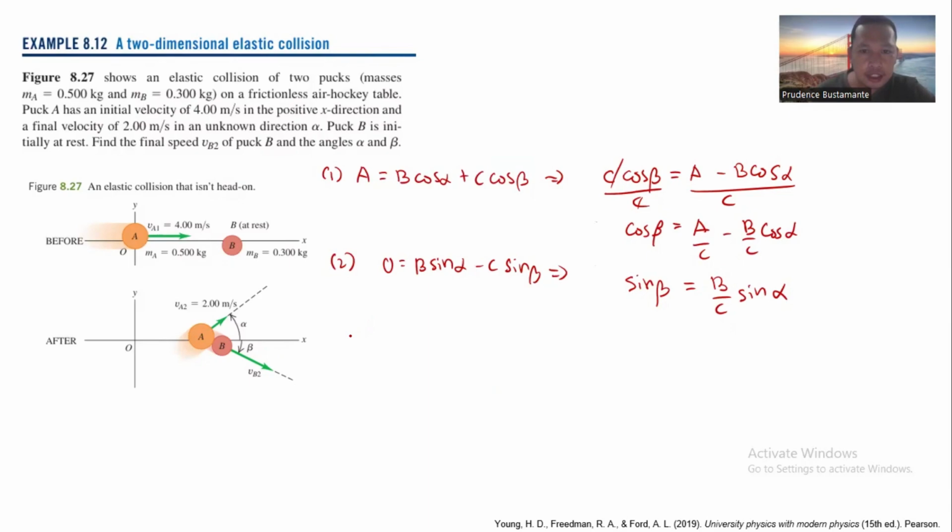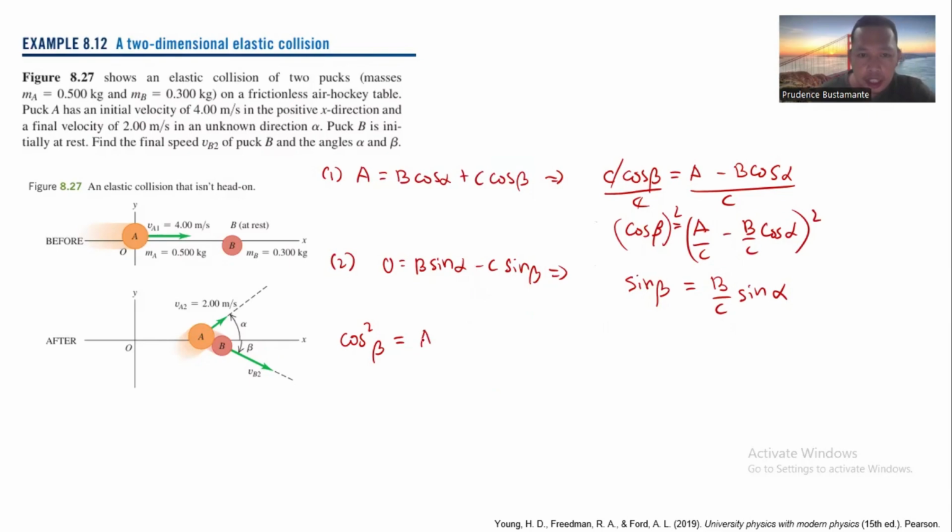So next is to square these. Cosine squared of beta: if you square this one, you square that one.